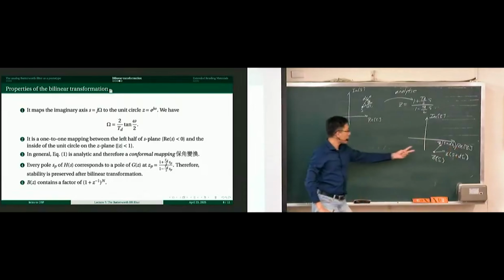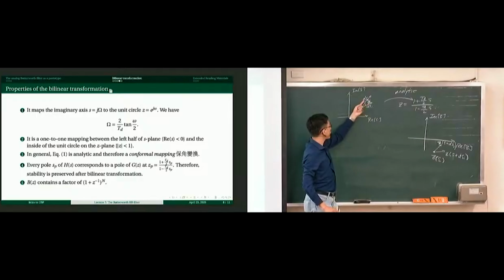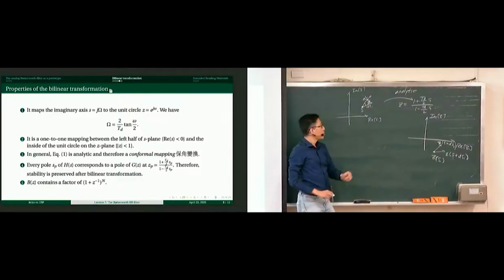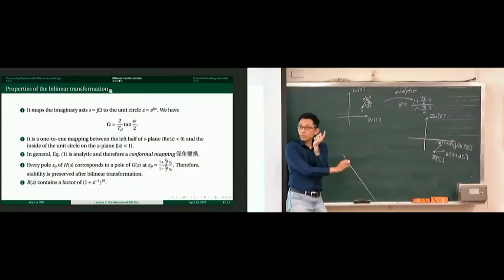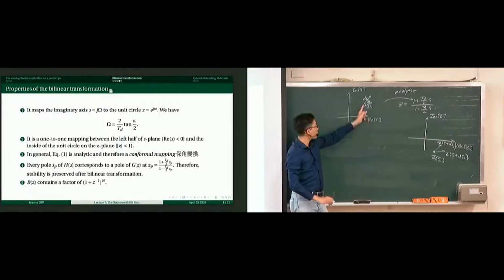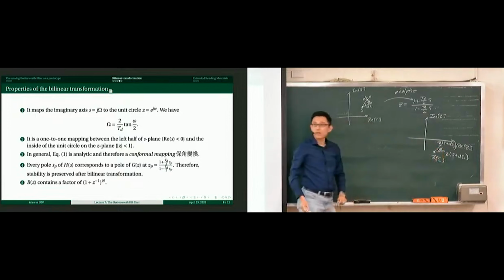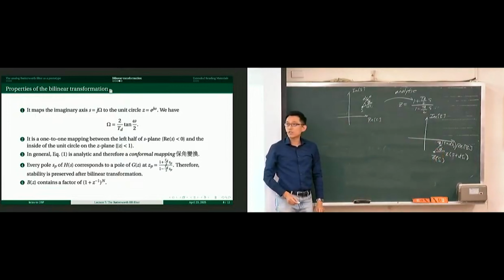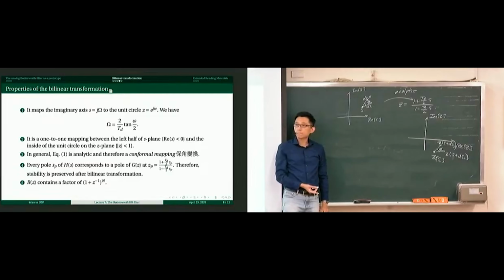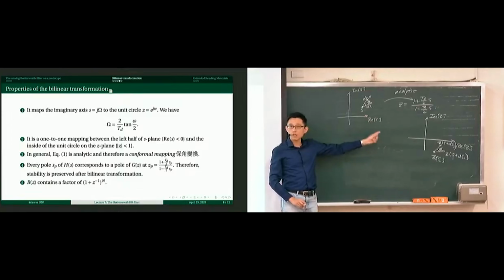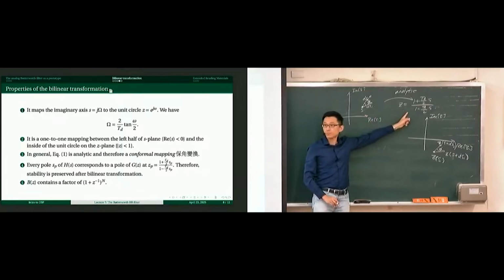But now, in general, these two directions are not going to be the same as these two directions. But what remains the same is the angle in between the two directions. That's what we mean by conformal. This angle phi is preserved after the transformation. If a transformation has this property, then we say that the mapping is conformal, 保角变换. And this is a consequence of the fact that z is differentiable.